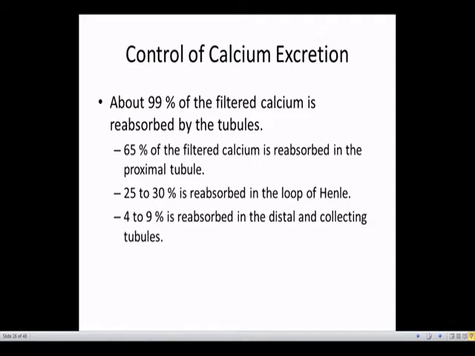About 99% of the filtered calcium is reabsorbed by the tubules.